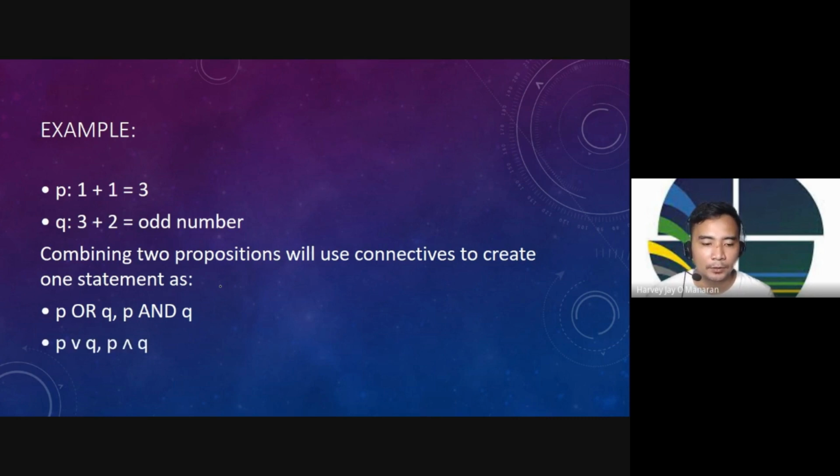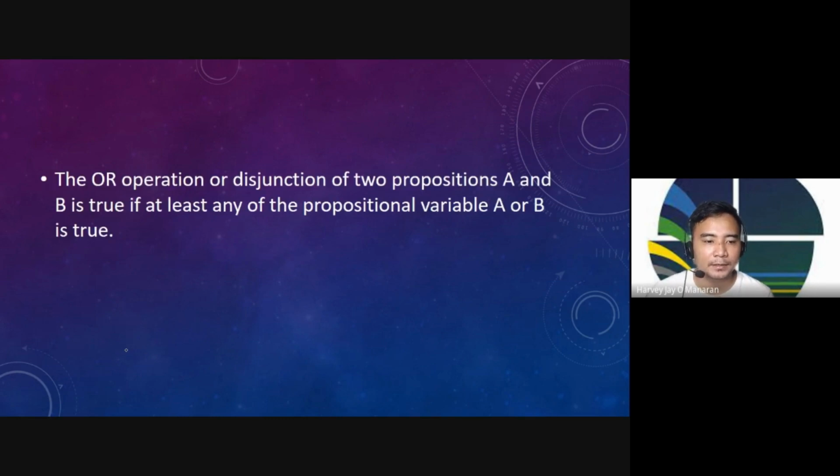Okay, what is the symbol for conjunction? Conjunction, and. And P or Q, disjunction, or. The or operation or disjunction of two propositions A and B is true if at least any of the propositional variables A or B is true.